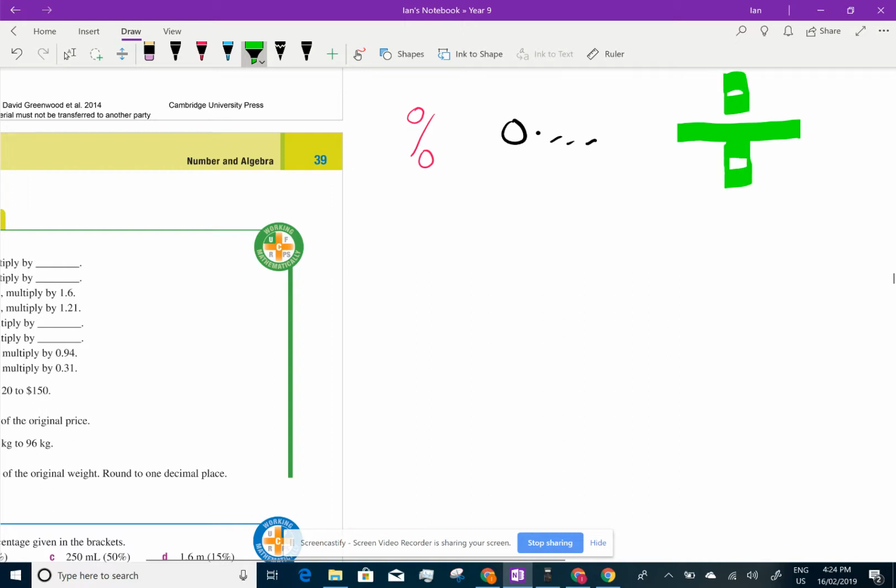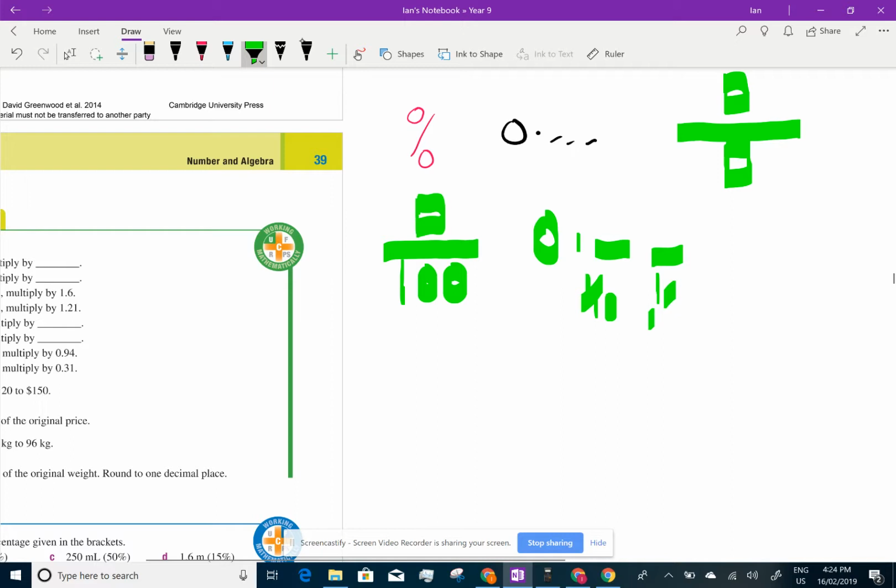A percentage is a fraction out of 100. A decimal is a decimal out of a tenth, that spot, out of a hundredth, that spot, out of a thousandth, that spot.